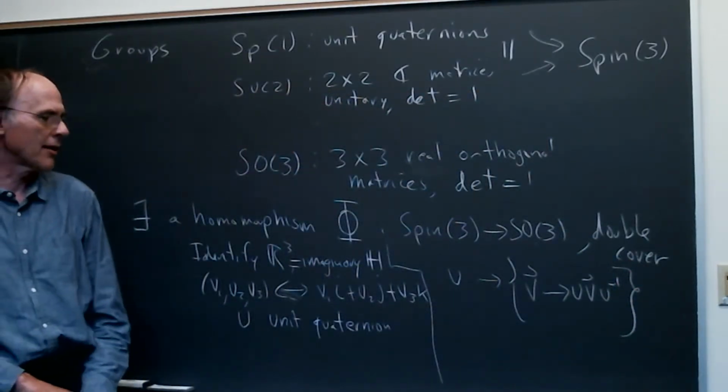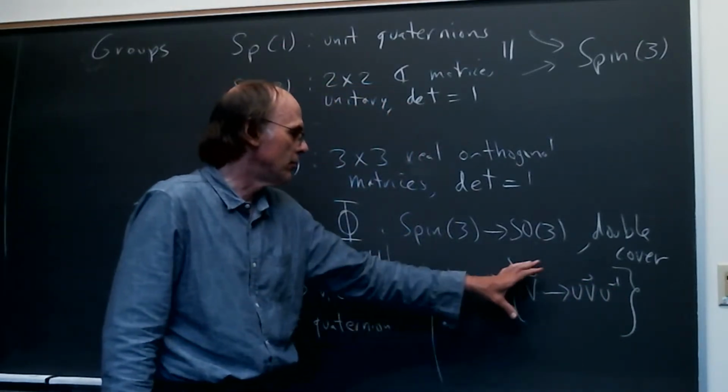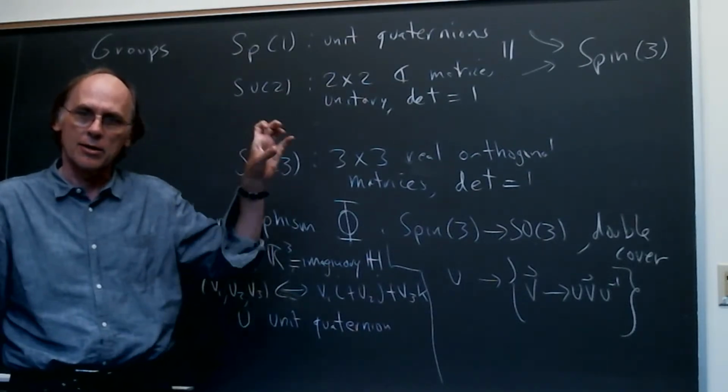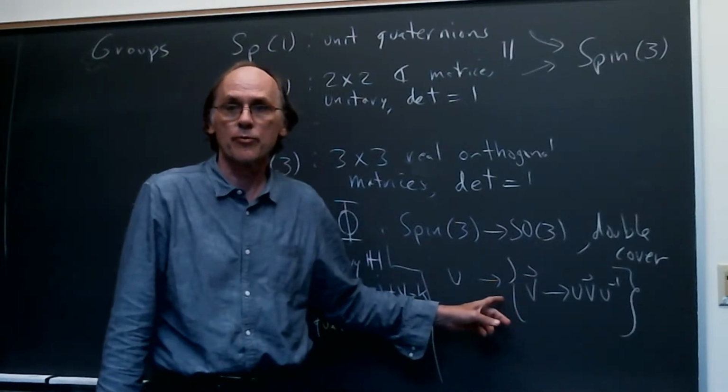So this is a conceptually very clean way of describing what's going on, but it's a little bit confusing to wrap your head around and to understand well enough to produce nice formulas.